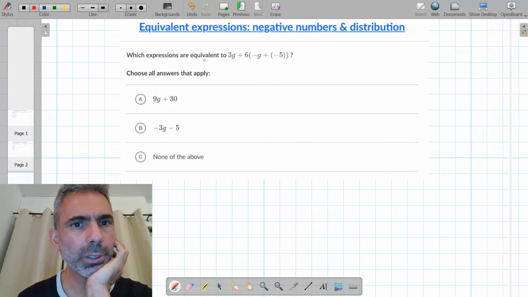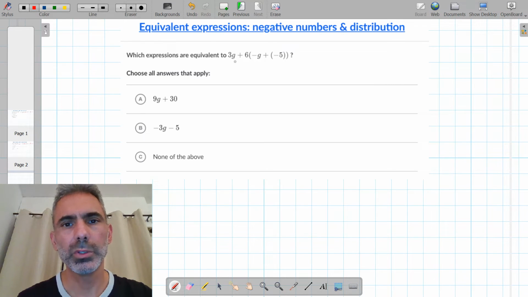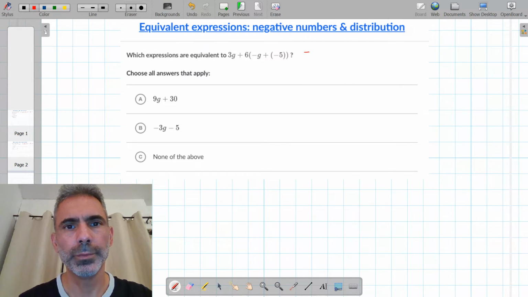Which expressions are equivalent to 3g plus 6 times minus g plus negative 5? Okay, so 3g plus positive 6 times minus g is minus 6g.